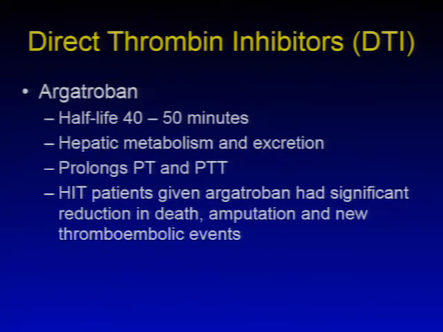Other direct thrombin inhibitors. Argatroban has a half-life of about 40 to 50 minutes. Hepatically metabolized and excreted, it will result in prolongation of PT and PTT. And HIT patients given argatroban had significant reduction in death, amputation, new thromboembolic events, so a useful medication in those patients.